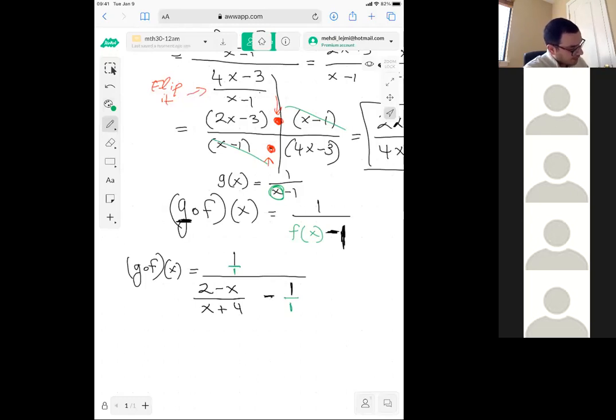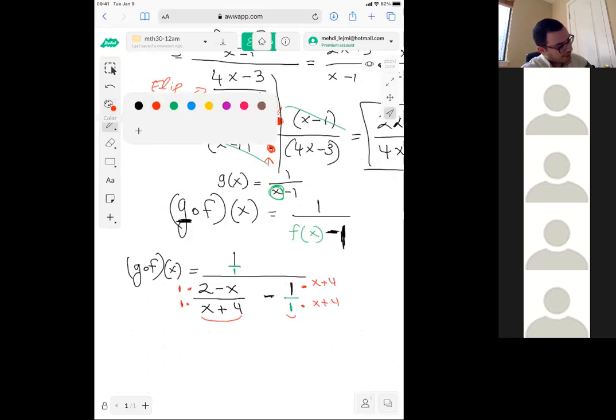In the top, it's just 1. In the bottom, I have subtraction, so we need the common denominator. I need to multiply by x plus 4 because my denominator here is x plus 4, and I have 1 here as a denominator. All you have to do is multiply by 1 here at the top and the bottom.